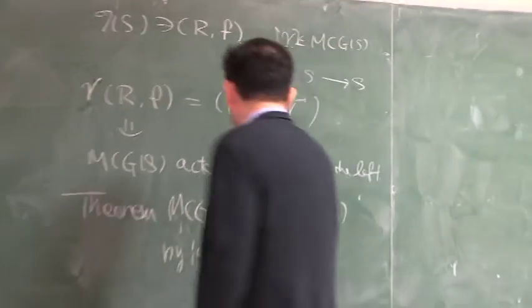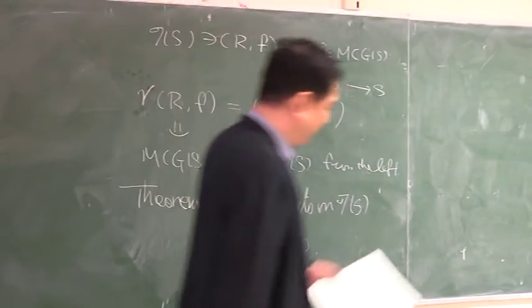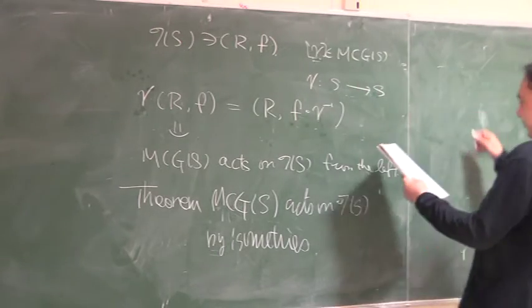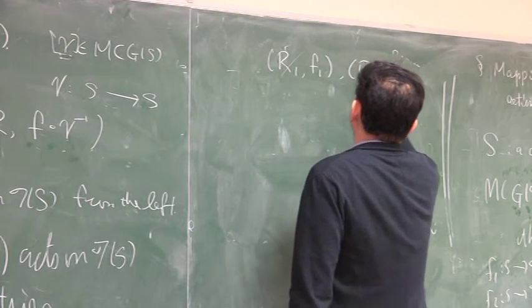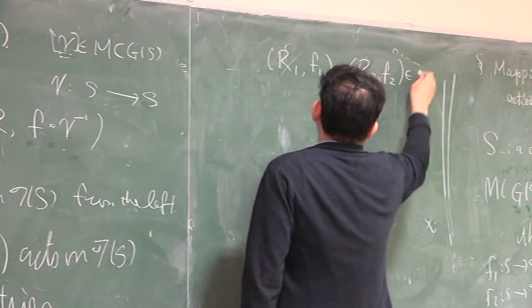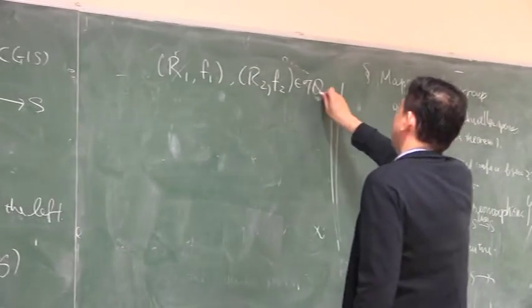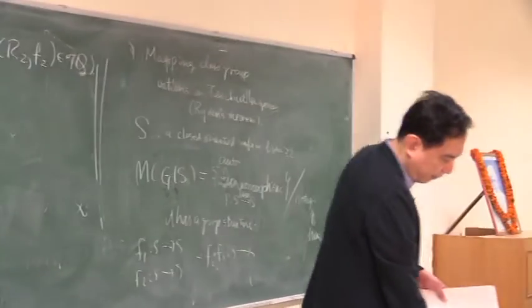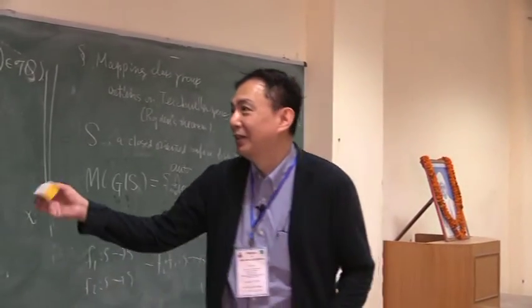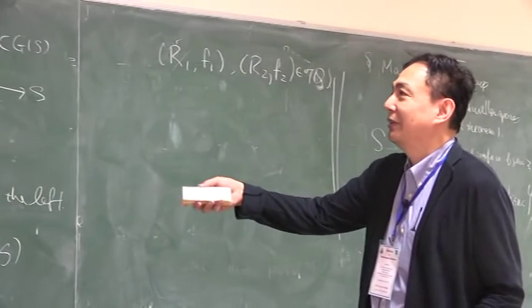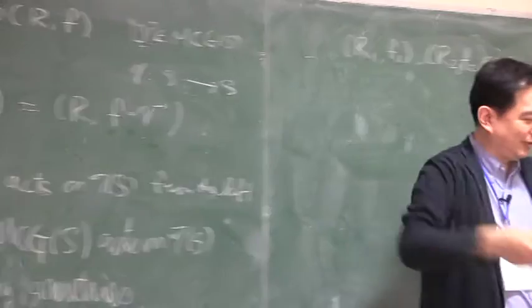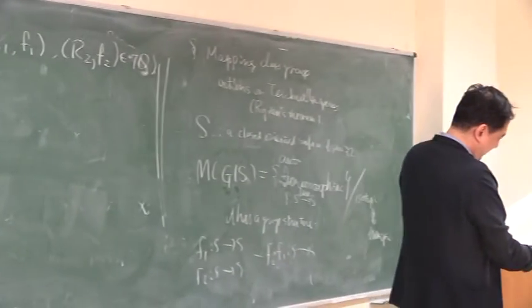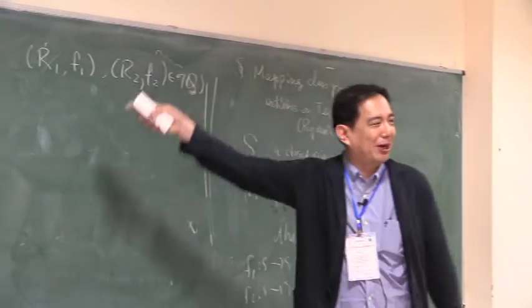Now, I'd like to show that this is actually an isometry. So suppose you have two points in the Teichmüller space. I usually use something like sigma 1; I'm not sure why I changed it to R here. Anyway, that can be sigma 1 or anything else.